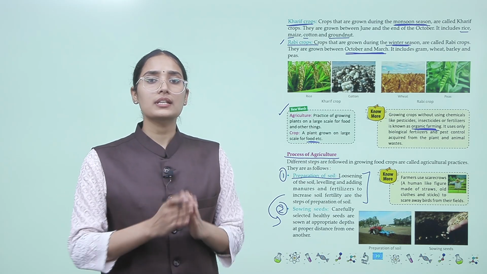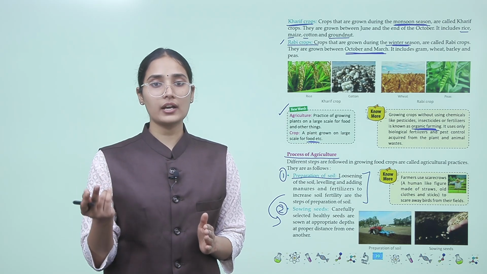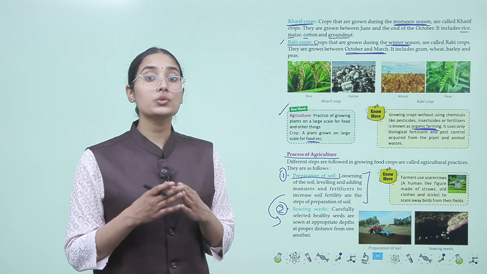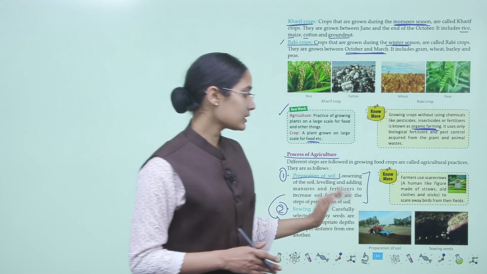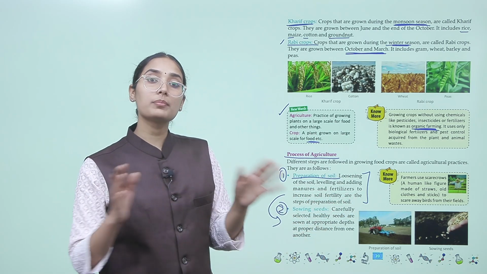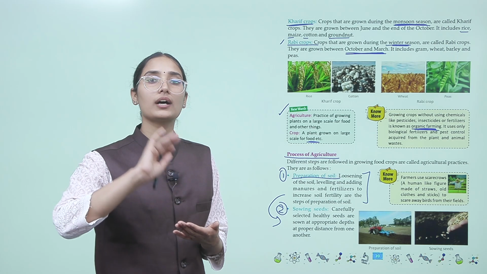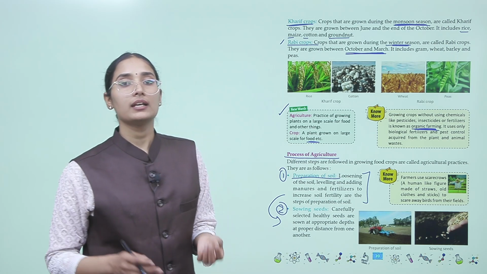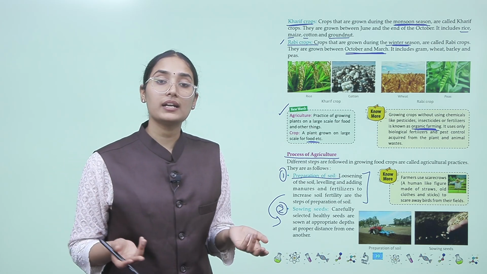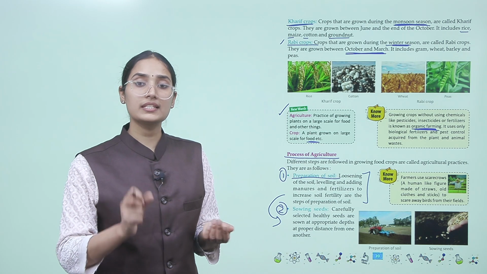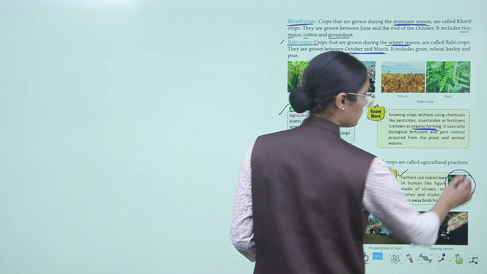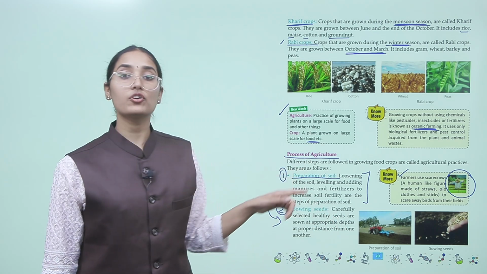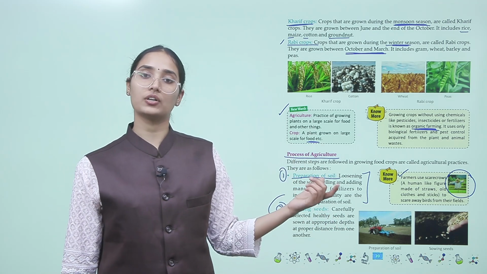Do you know, students, farmers use scarecrows to scare away birds from the fields. In the next step, when the crops are fully grown or in their mature state, they have seed inside them, so they are subject to being eaten up by birds or animals, and therefore farmers use a scarecrow.